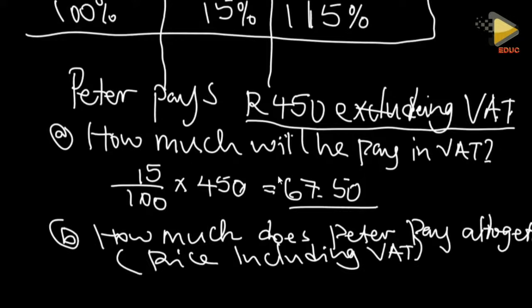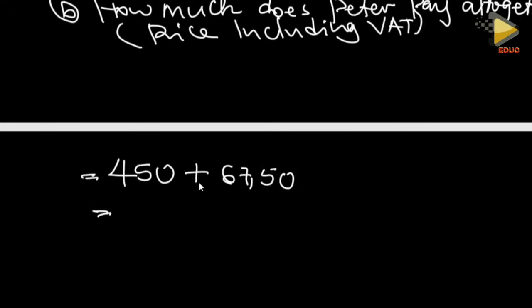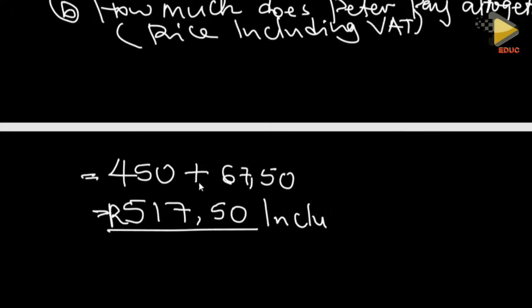So when you see this, the 450 that he has paid without VAT is now including VAT. That means it's adding VAT. So his amount will equal 517 rands 50 cents. Don't forget to put the R there. So this is the money now. This includes what? VAT.